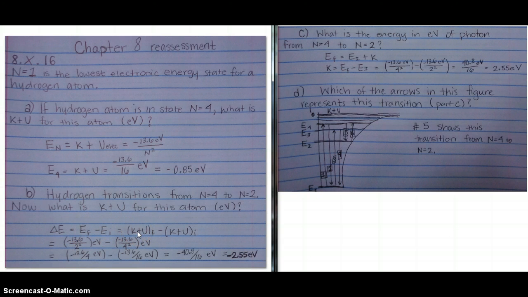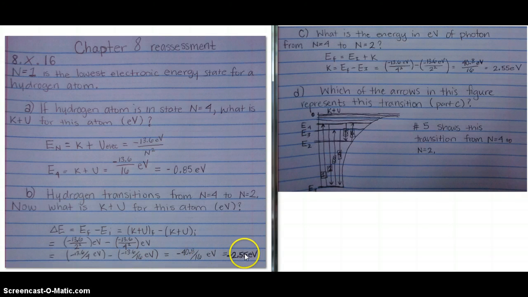So your final energy would be when the atom is in n equals 2. So you use your formula for the hydrogen atom energy, and you have negative 13.6 over 2 squared electron volts. You subtract that by the initial energy state it was in, which would be n equals 4.